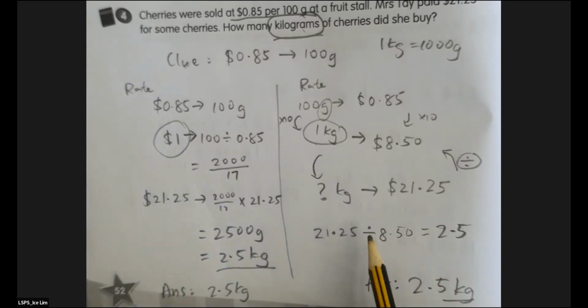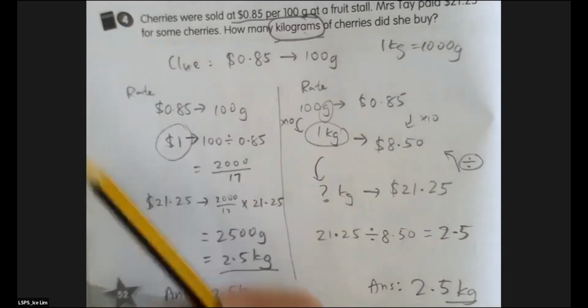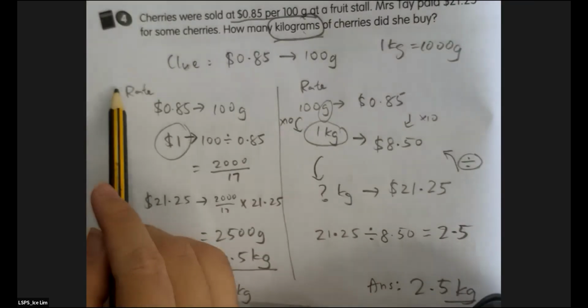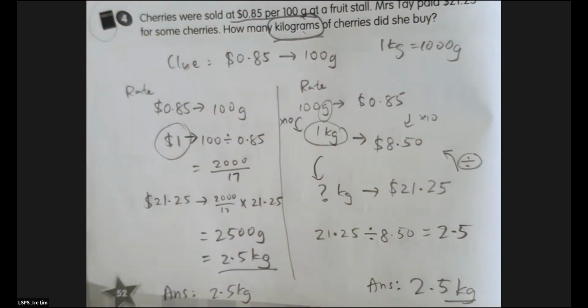Because the numbers are friendlier, right? But the good thing is you have a calculator to help you. When there's a calculator here, it shows that this question usually is in paper 2. Yes, in paper 2, you can use the calculator too. Okay, so is it okay for you?